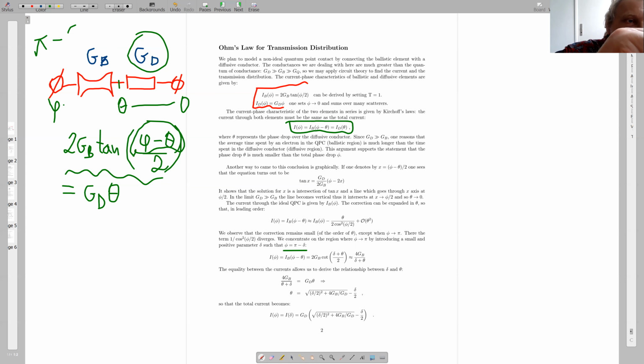Pi minus phi will be delta. Let us now rewrite the currents, so I can approximate the tangent at an argument which is about pi.